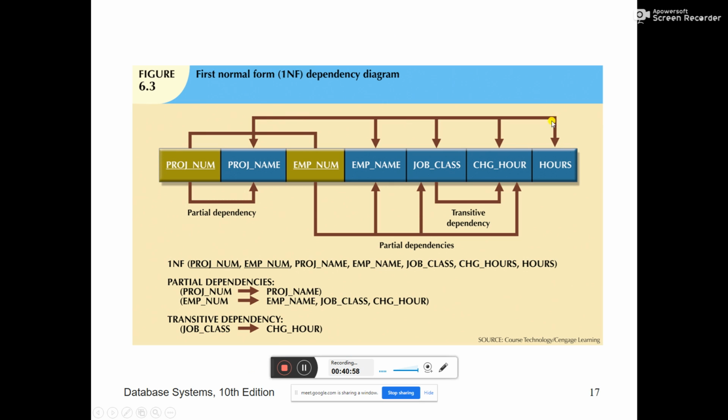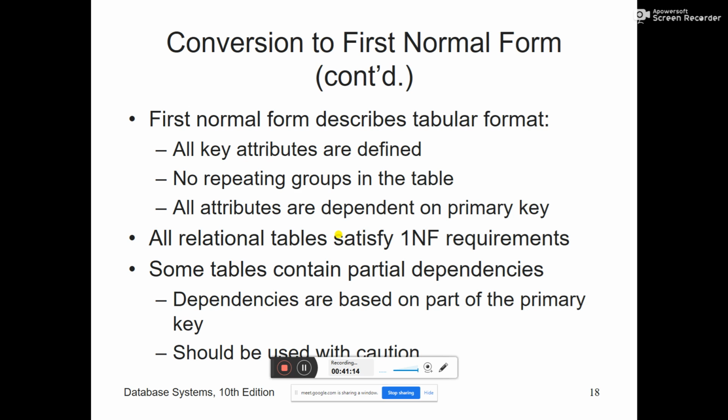So after drawing this dependency diagram, our database is in first normal form. The second step is to convert it into second normal form. We have already converted to first normal form: all key attributes are defined, there is no repeating group in the table, all attributes are dependent on the primary key, and all relational tables satisfy the first normal form requirement.